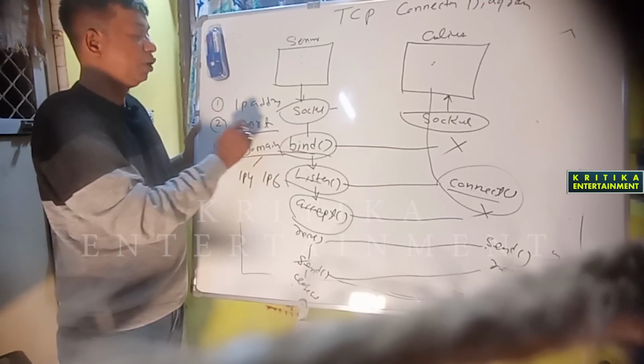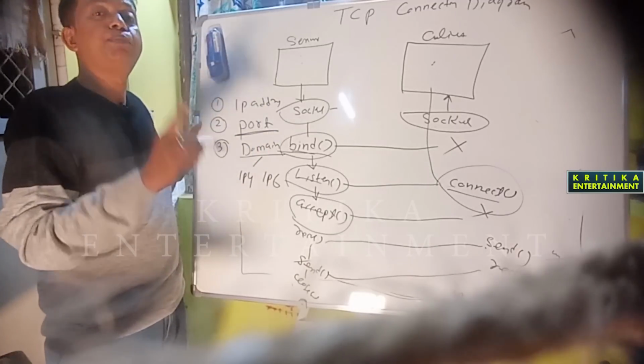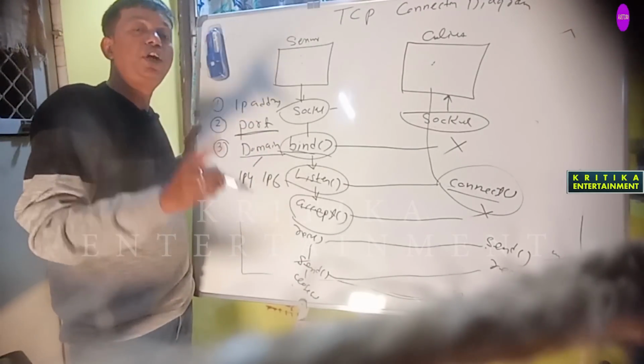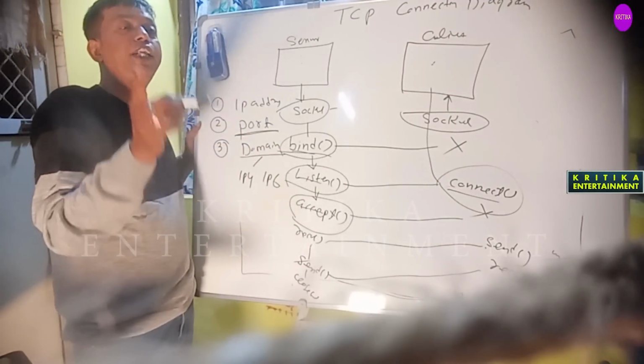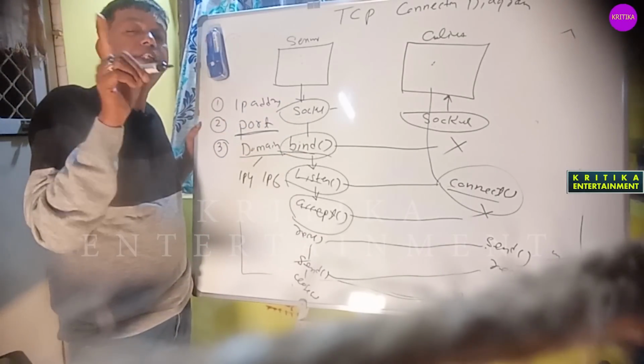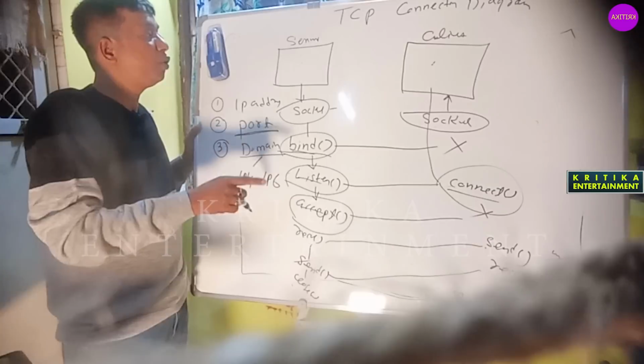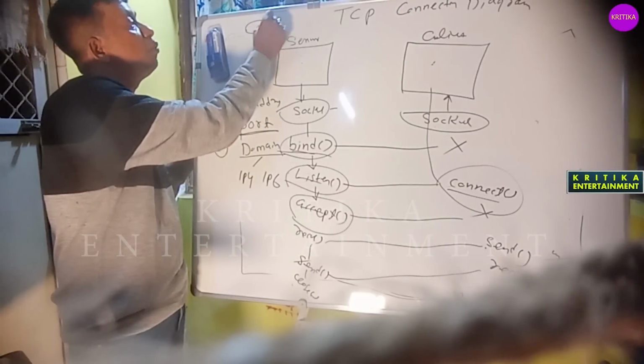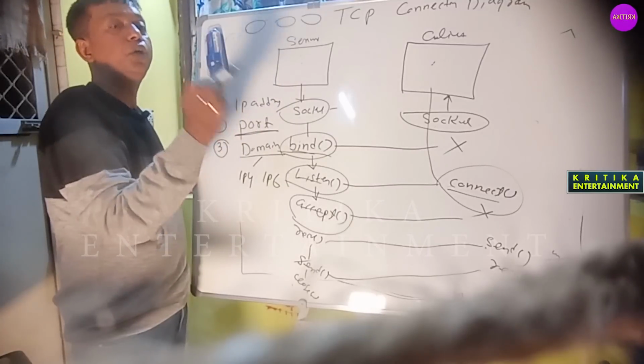And port is used to connect to a specific program. Suppose in your system Oracle is running, SQL Server is running, and Tomcat is running, different programs are running. Each program will be assigned one port number.